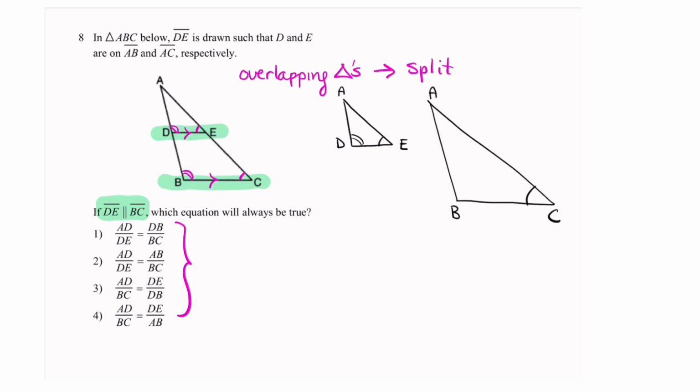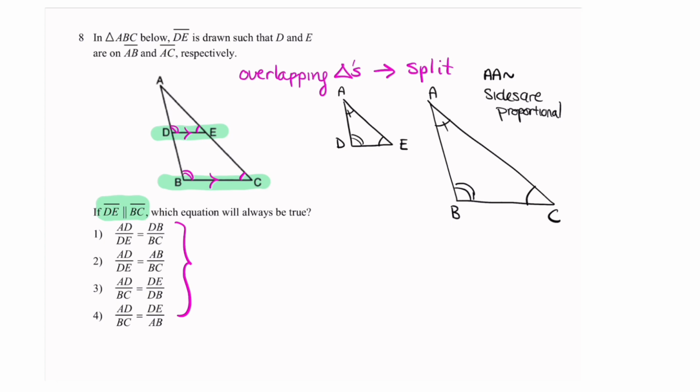After I've set them up in a corresponding way, I know which sides match, which angles match, and they're proportional by angle, so I can now see if the four choices match in a corresponding way visually.